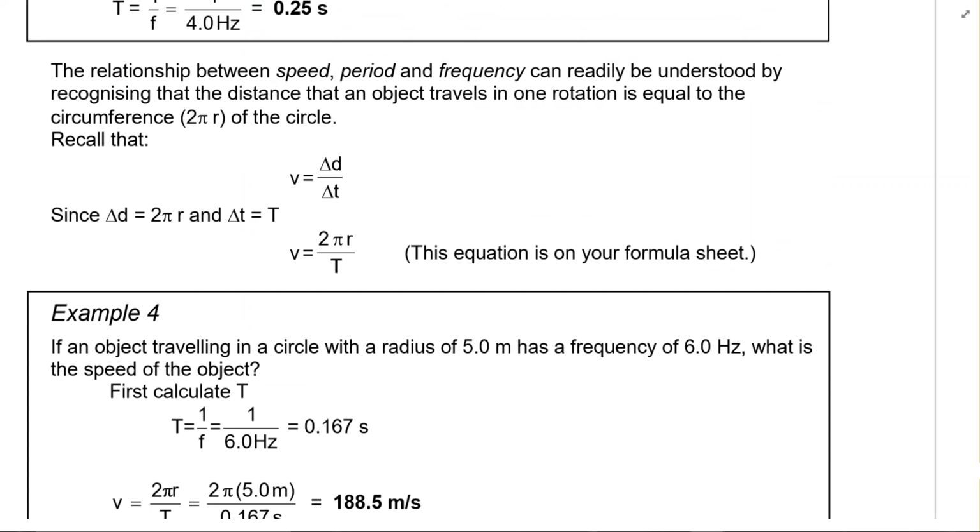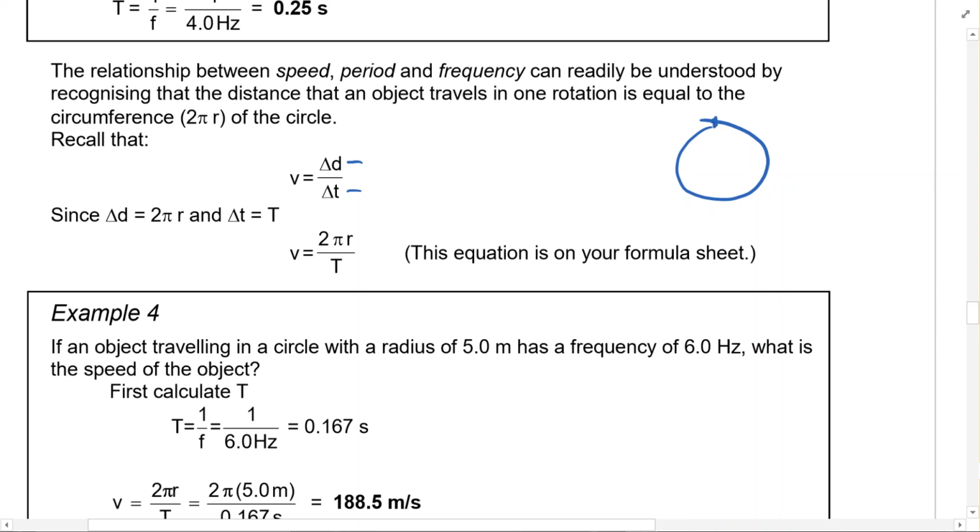The relationship between speed, period, and frequency can be readily understood by recognizing and distinguishing. What this means, if we think about the circle again, remember speed is equal to distance divided by time. If we want to talk about this in terms of circular motion, d would really just be the circumference of the circle.